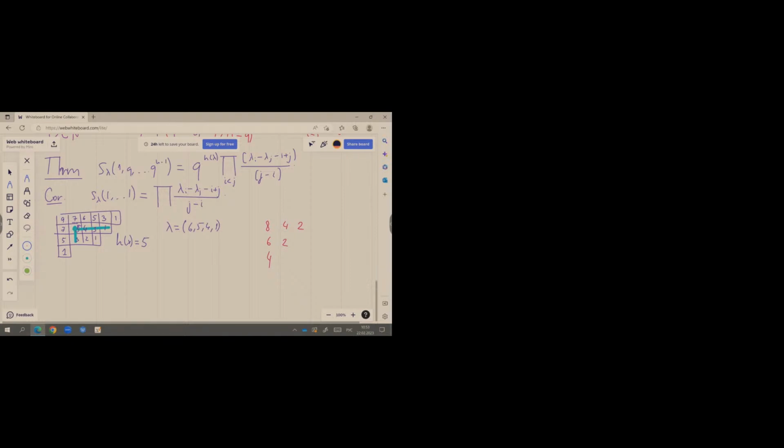Maybe it's also instructive to add the following: if we have a weakly decreasing partition, we can make out of it an alpha, which will be 9, 7, 5, 1. So alpha is lambda plus rho, that is, lambda plus 3, 2, 1, 0.